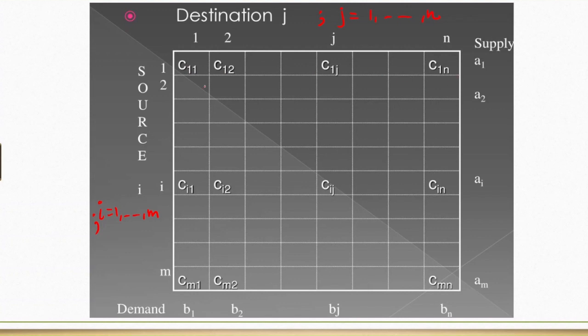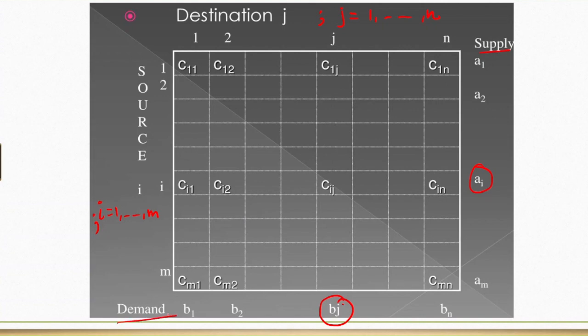These are all the unit costs of transporting one product. The AIs are the supply, which is available to you, and at the bottom the BJs are the demand.